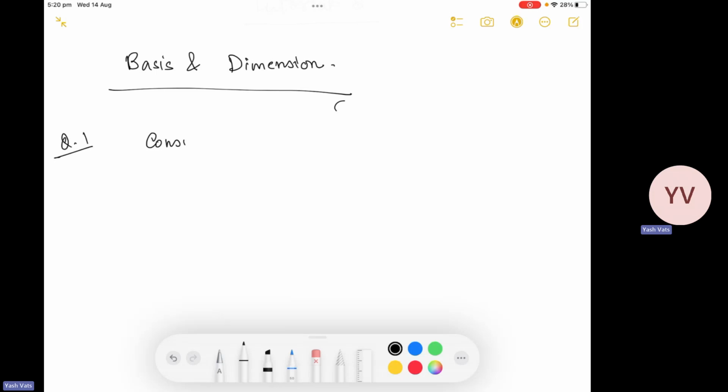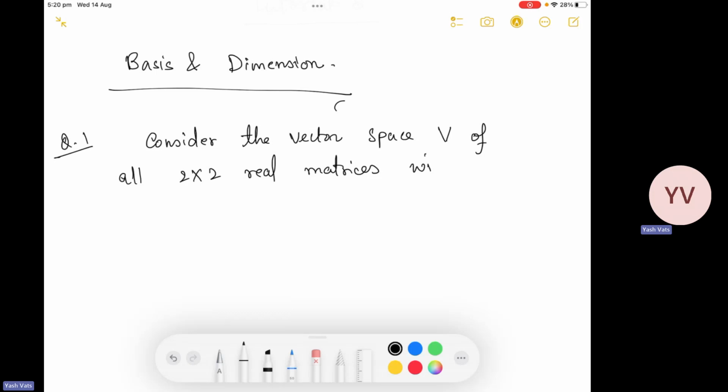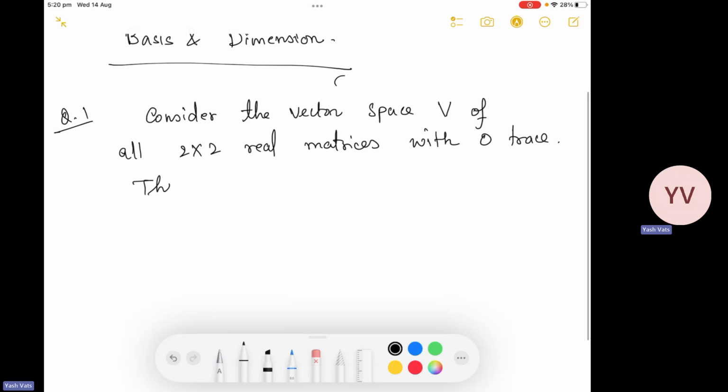consider the vector space V of all 2 by 2 real matrices with zero trace. Then the dimension of V is.